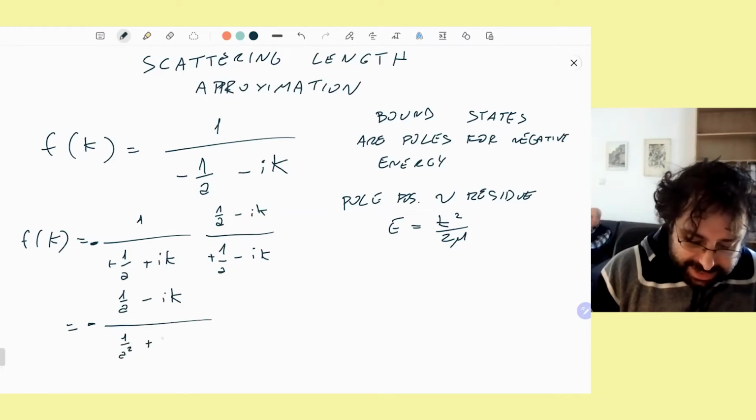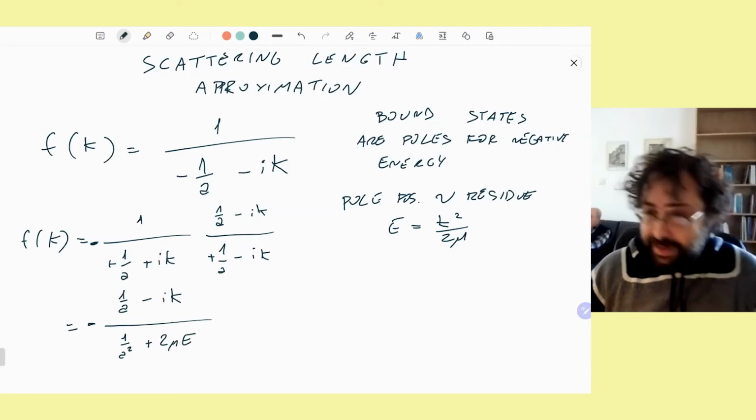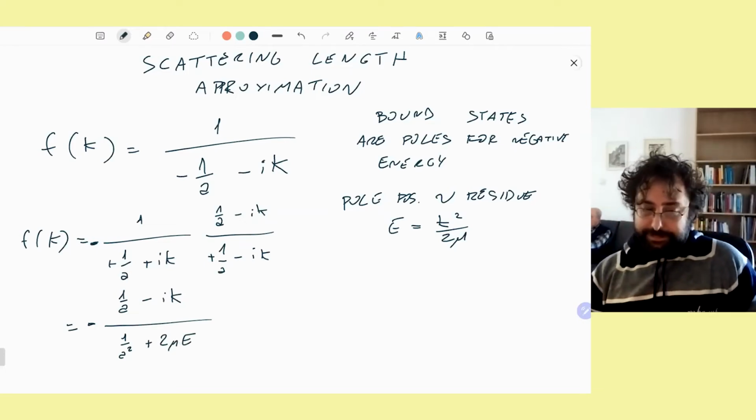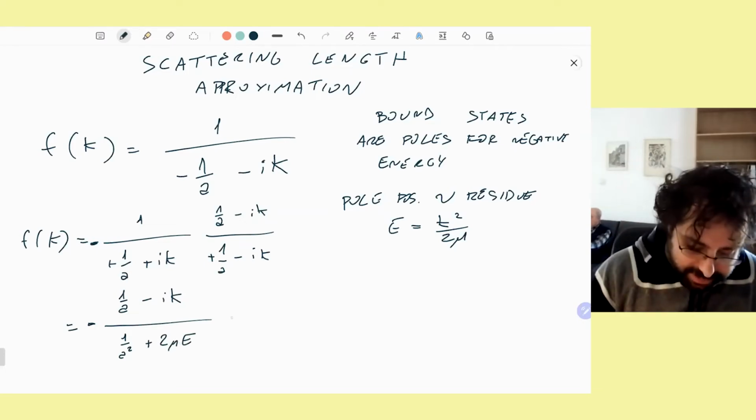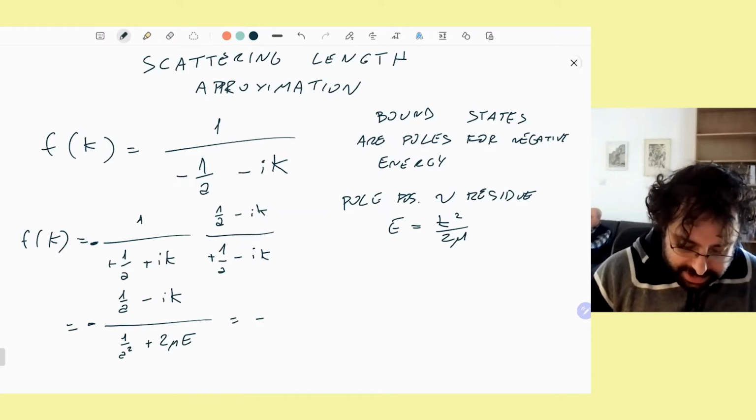And let me rewrite k squared as 2 mu energy. So if I factor this 2 mu here, I have minus this.